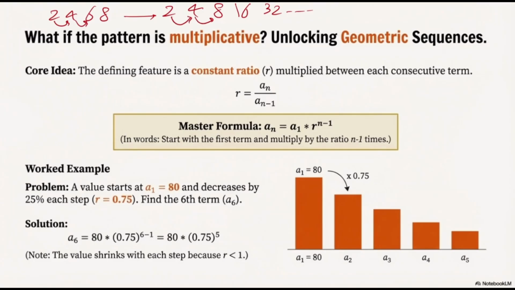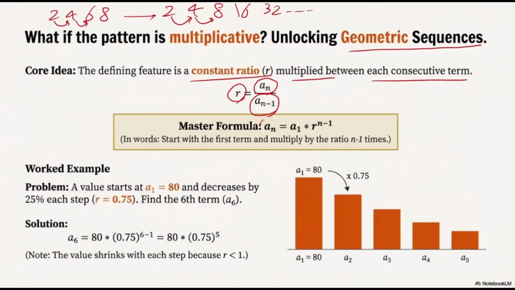This is something that we call geometric sequences. The core idea over here is that instead of just adding a number one at a time, we do have something we call a constant ratio, or r, which is multiplied between each consecutive term. It means that if you divide your number by the previous one, you're going to have the same number each time, which is going to be r, or the constant ratio.